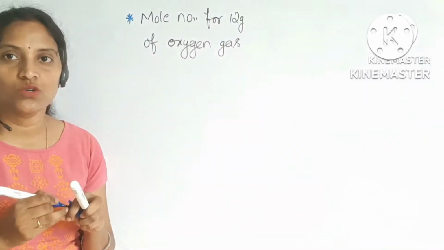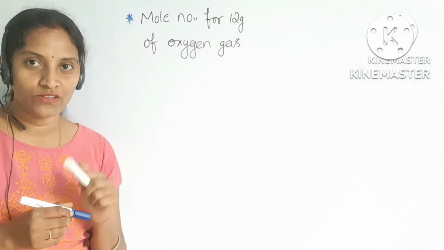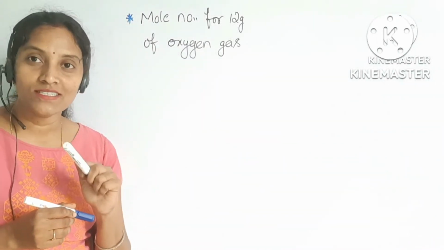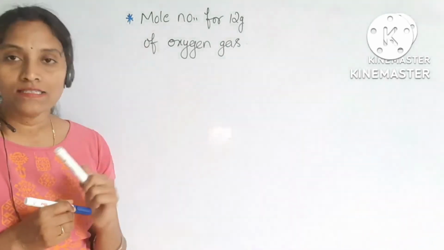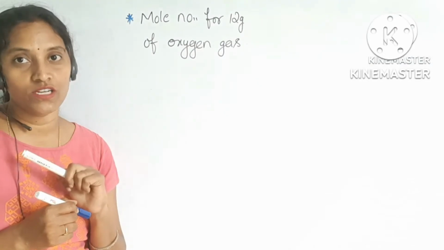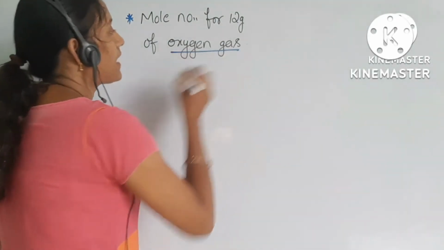Here the problem is you have to calculate the mole number. In the previous case we calculated the mass if the mole number was given. Here the mass is given, so you have to calculate the mole number. First of all, take oxygen gas.